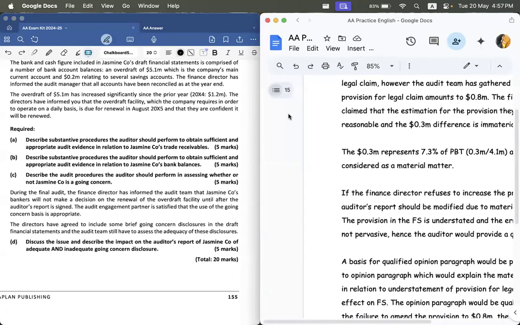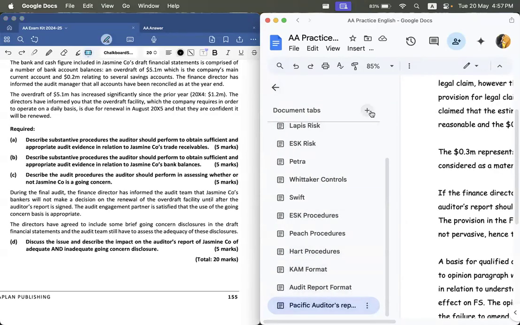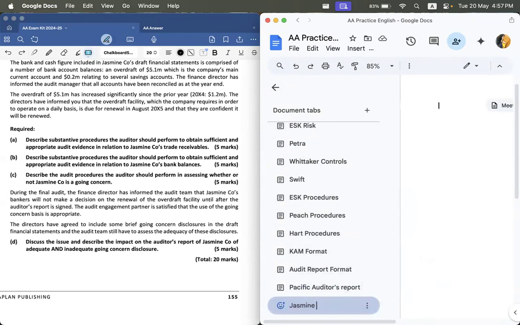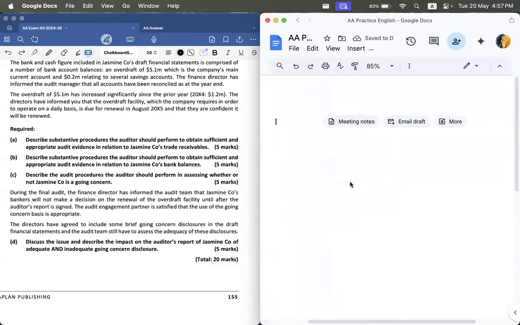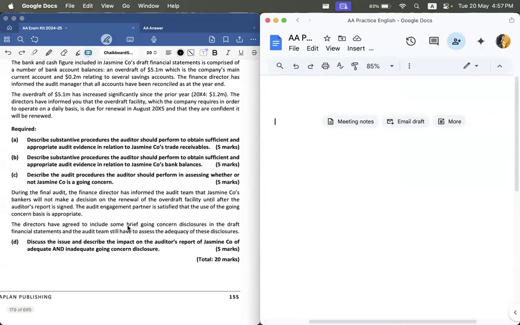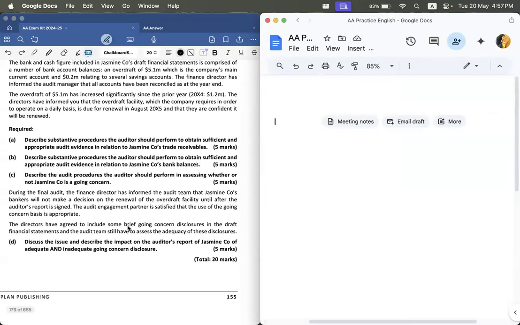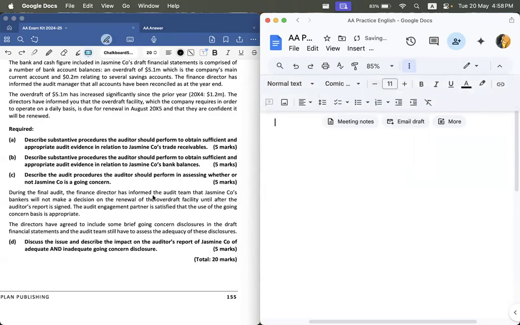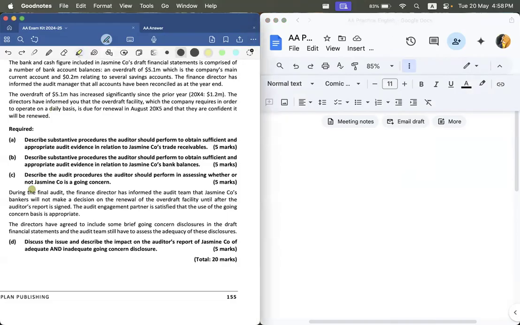Now let's see. This question is the Jasmine report. During the final audit, the finance director has informed the audit team that Jasmine Company's bankers will not make a decision on the renewal of the overdraft facility until the auditor's report is signed.